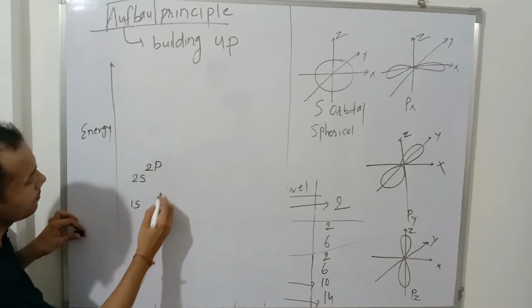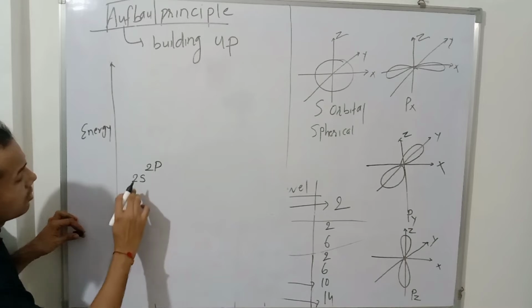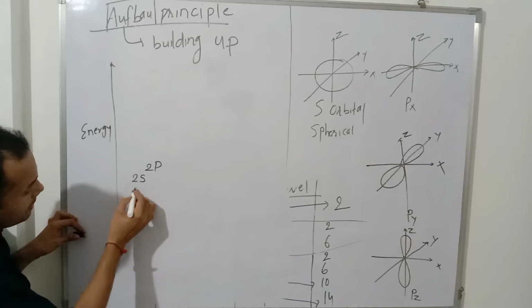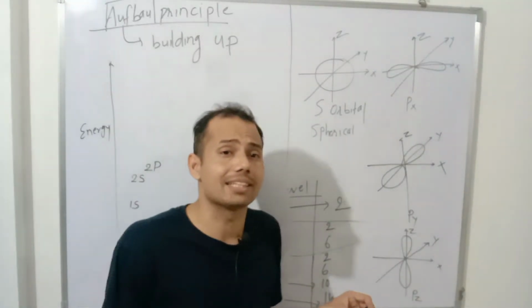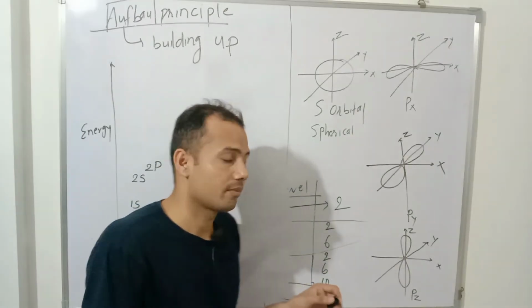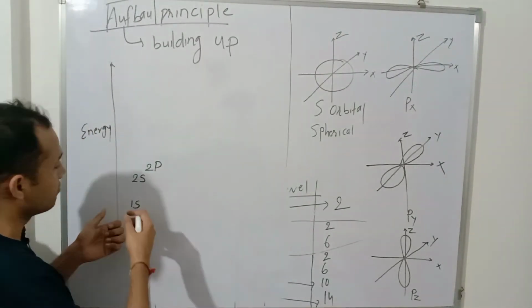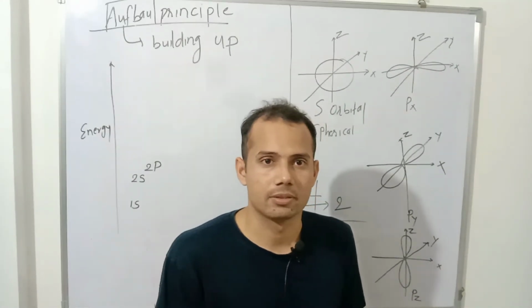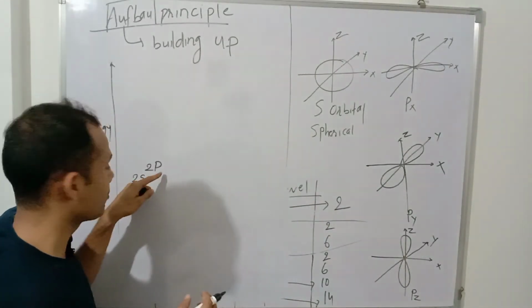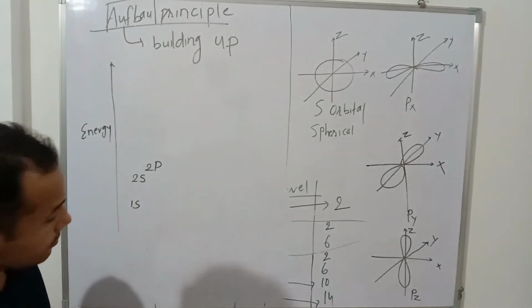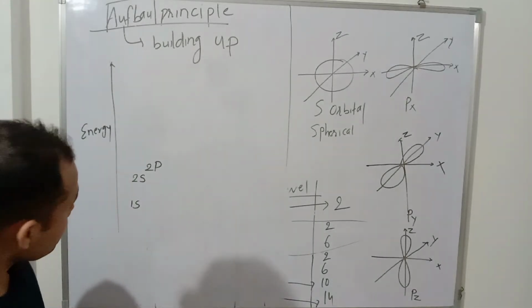Next you have 2s, and next will be 2p. 1s, 2s, 2p, because this is the second energy level. These numbers indicate the main energy level or orbit. As we have seen, the second energy level contains two orbitals, two sublevels, 2s and 2p.